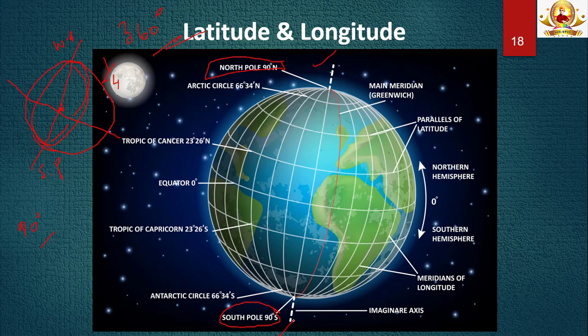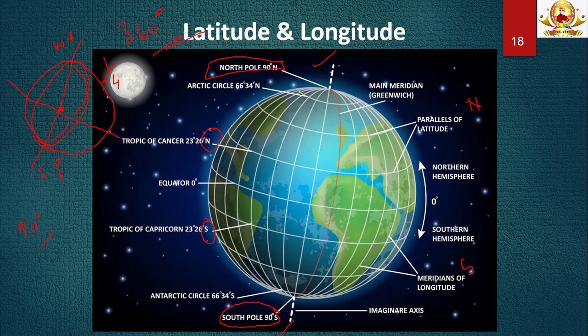All these parallels in the northern hemisphere are called north latitudes, indicated by N, and all these parallels of latitude in the southern hemisphere are called southern latitudes, represented by S. We have written S here, we have written N here.